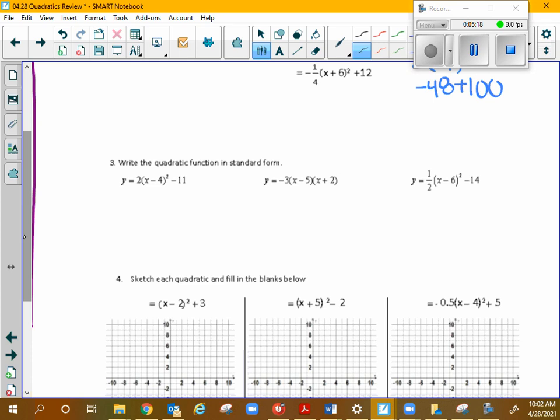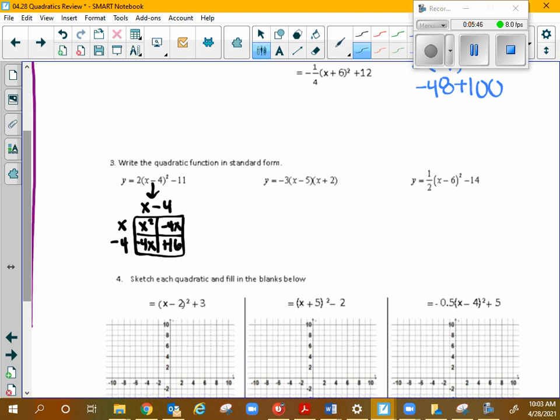Couldn't you just also put it in the calculator? Yes. How do I write a vertex form equation into standard form? Area model first. So expand x minus 4 times x minus 4, x squared minus 8x plus 16.